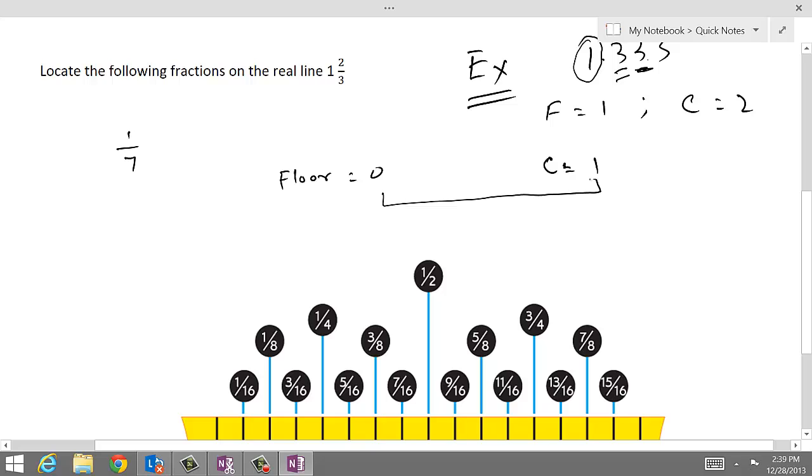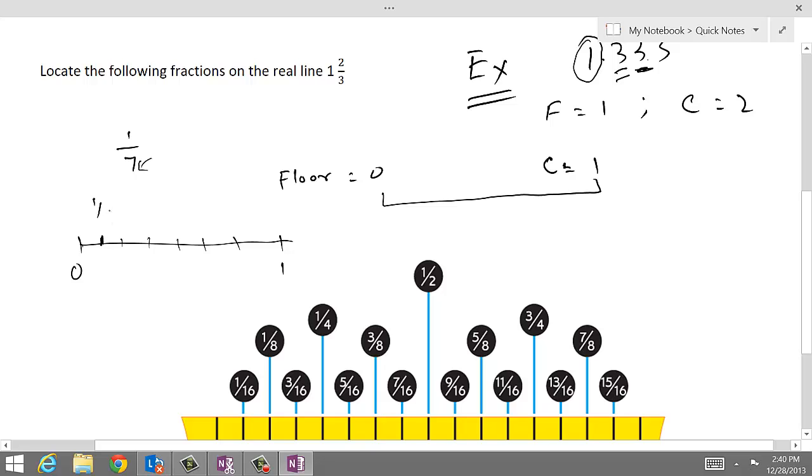If we have a real line with 0 and 1 on it, we divide the space between 0 and 1 into how many parts? Into 7 parts, because that's the denominator. So 1, 2, 3, 4, 5, 6, 7. There should be 7 equal divisions; mine are not equal, but you have to make them equal. Out of those 7 parts we are going to take only 1.